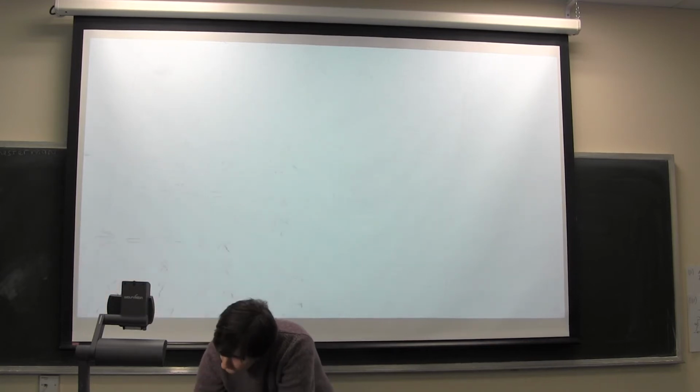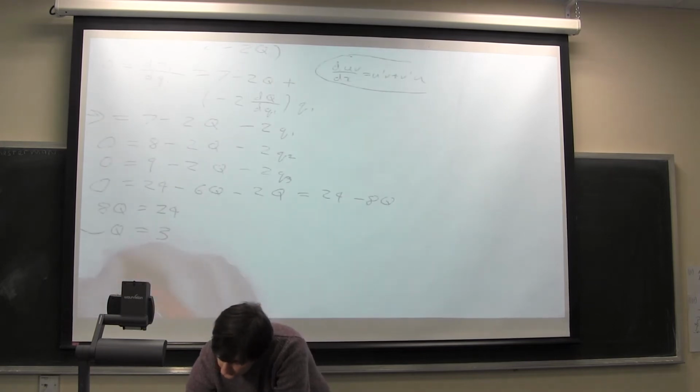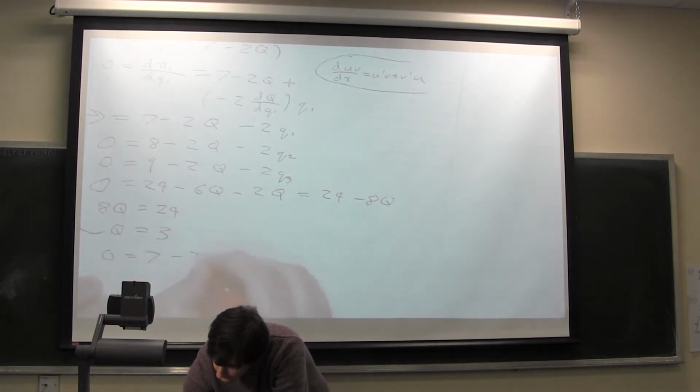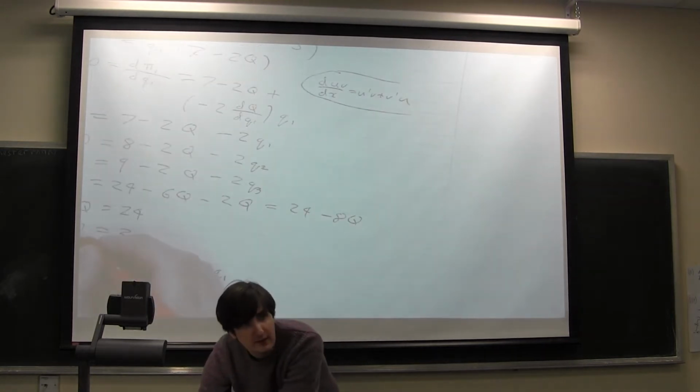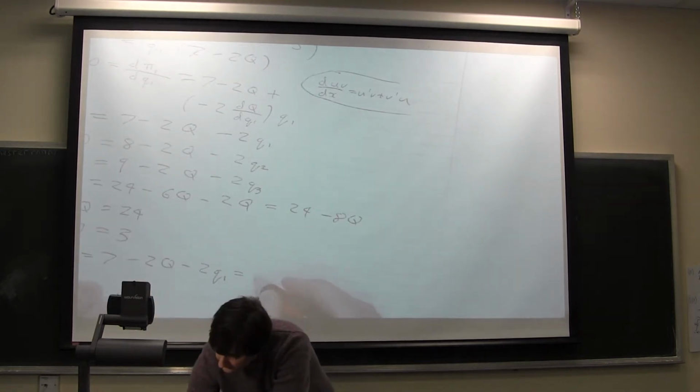Here's the first order condition for the first firm: 0 equals 7 minus 2Q minus 2q1. Substituting in the total quantity, that's 7 minus 6, which is 1, so 1 minus 2q1. So q1 must be equal to a half.